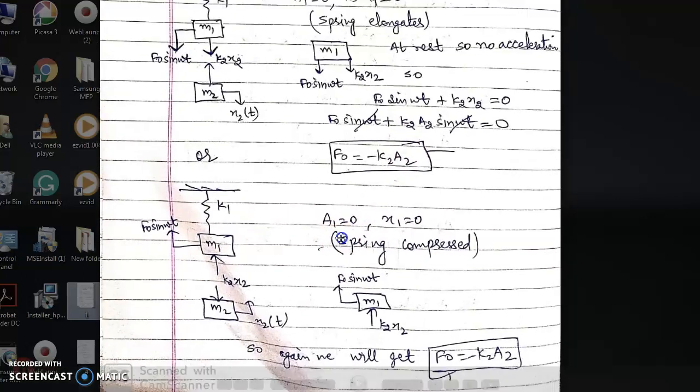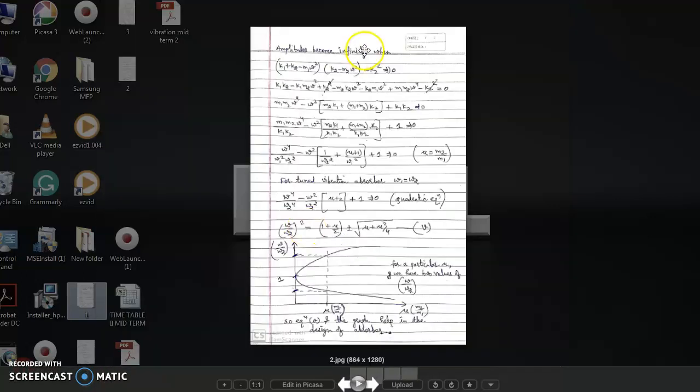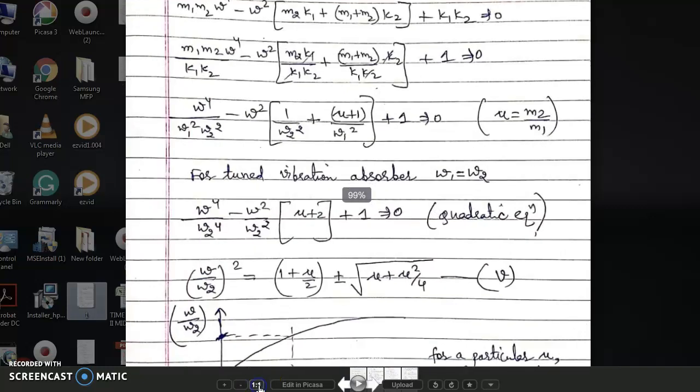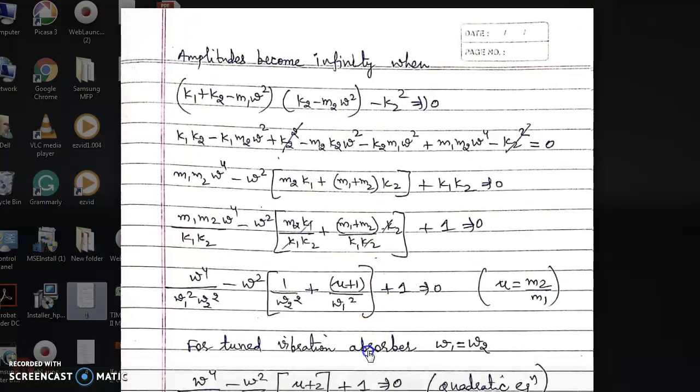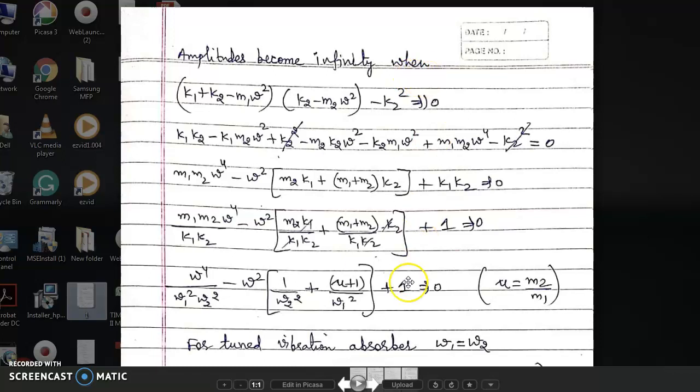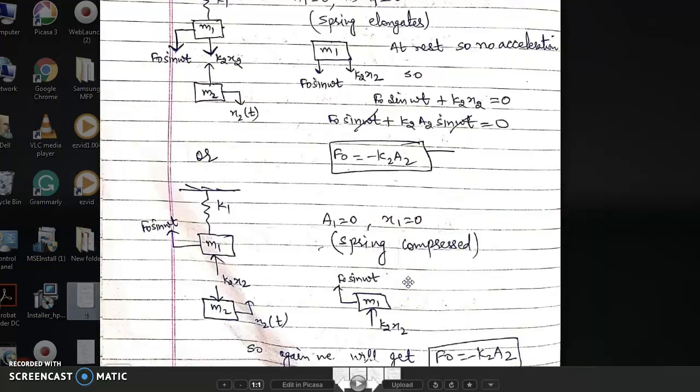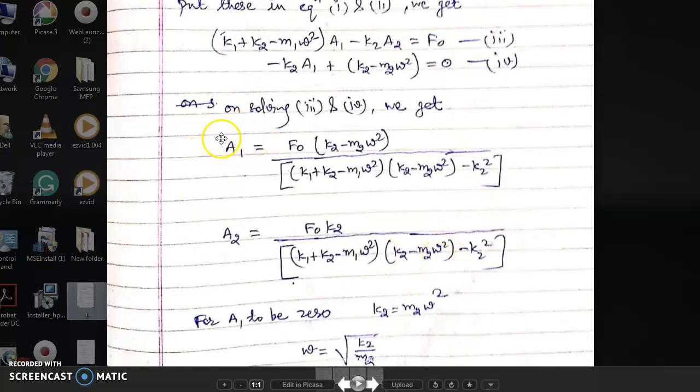Now next, the amplitude becomes infinity. This is my A1 and A2. It will be infinity when this denominator term is 0.